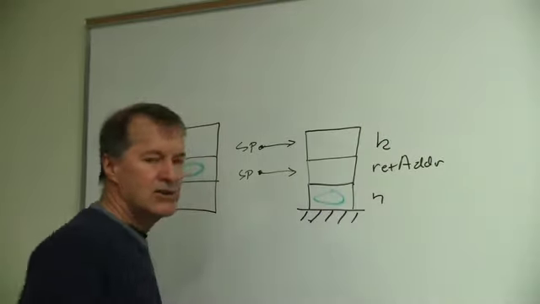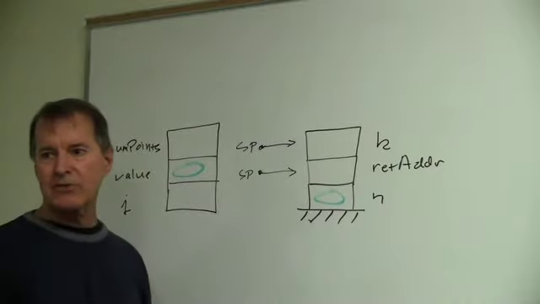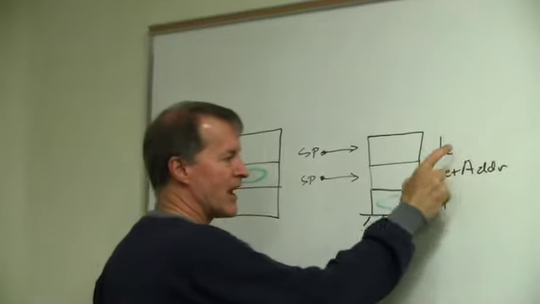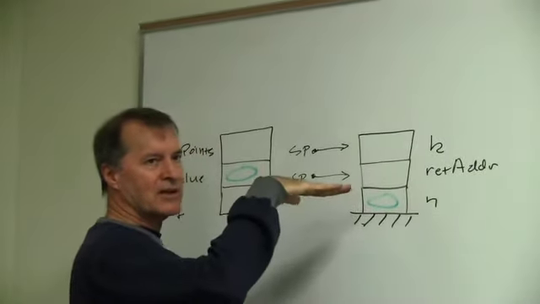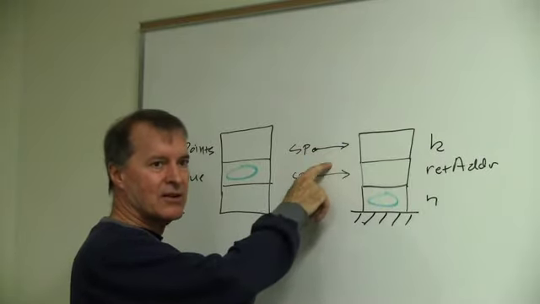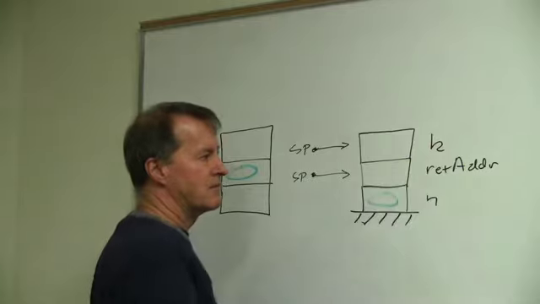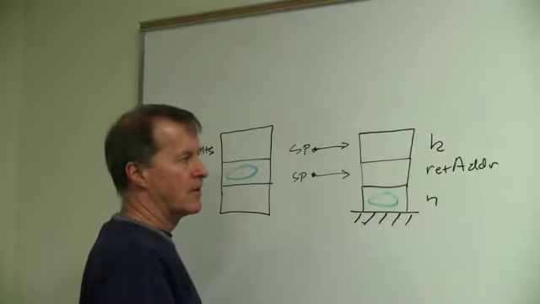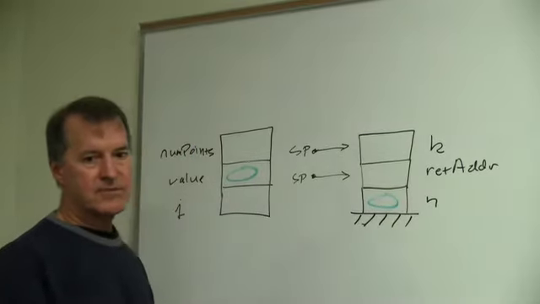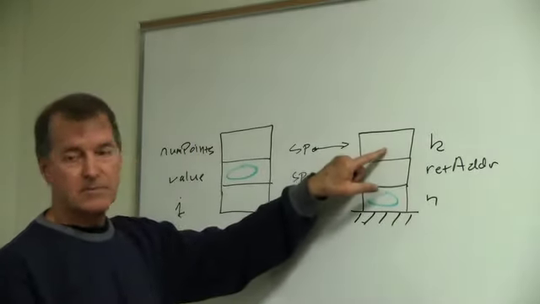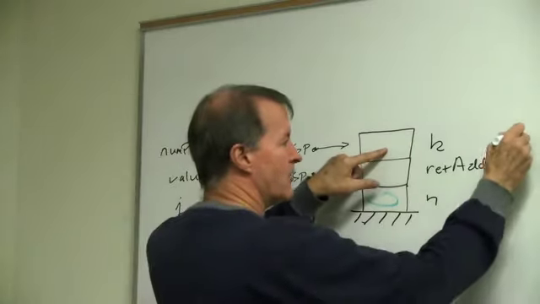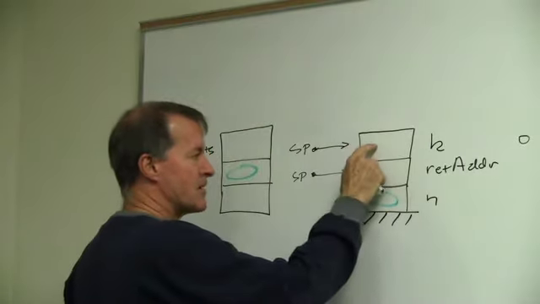That's K. So now here's what we have to do to figure this out. For K and for N, we have to calculate the offset from the stack pointer when the stack pointer is at the top of the stack here. So what's the offset for K? It's just the very next one, so zero.